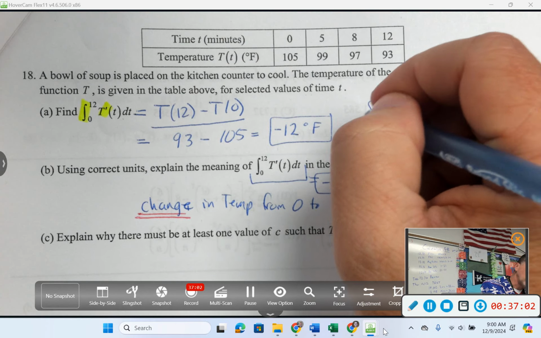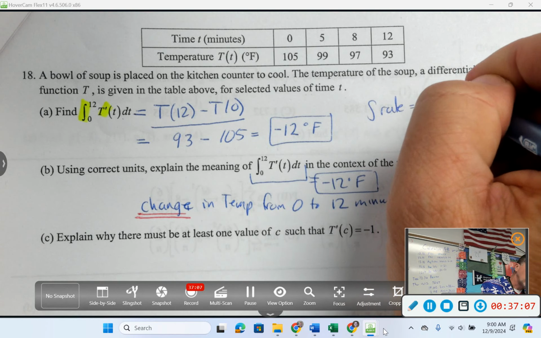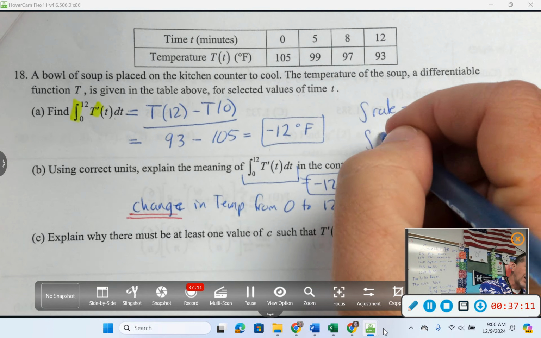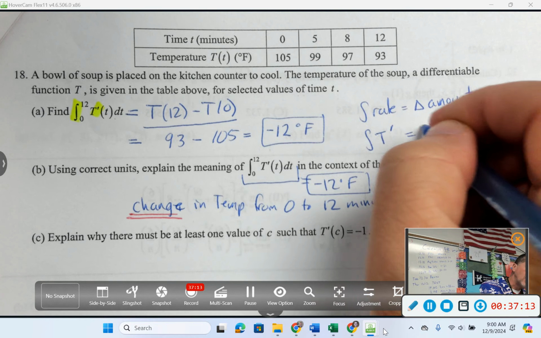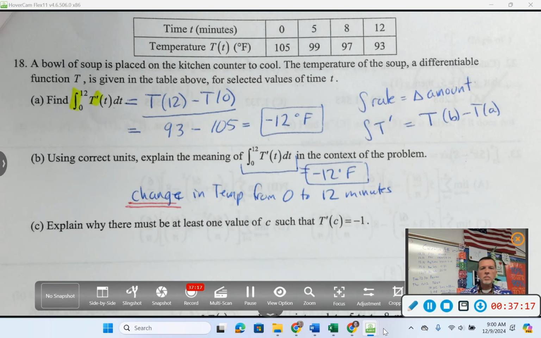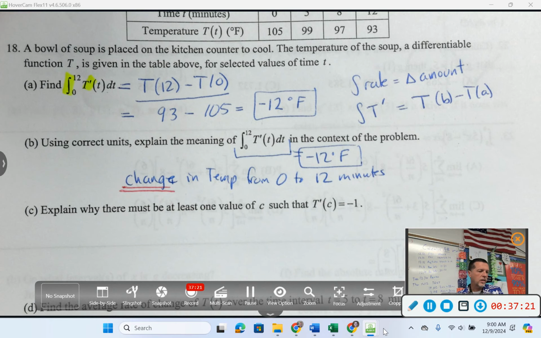Because if you integrate a rate, you get the change in the amount. That's sort of another way of saying the antiderivative of a derivative gets you back to the original. Okay, so it changed by 12 degrees.